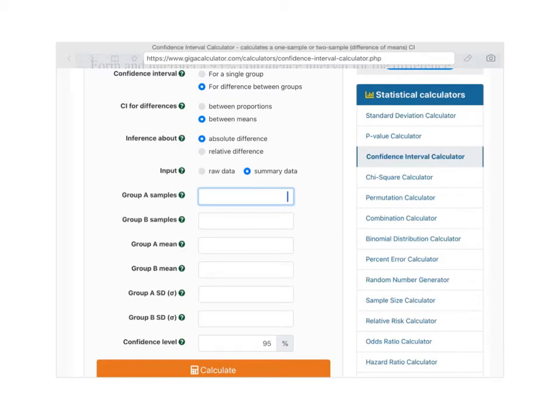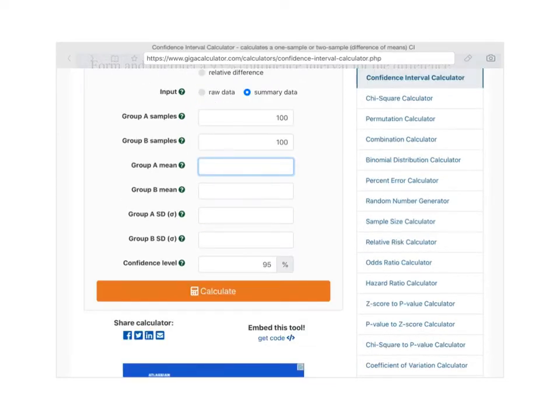Remember, for group A, well, both groups had the same sample size, right? 100 and 100. And this is where I want you to consider that they're going to subtract group B minus group A. So I'm going to put 9.3, which is for the low-fat diet, and then 7.4 is my group A for the other diet.